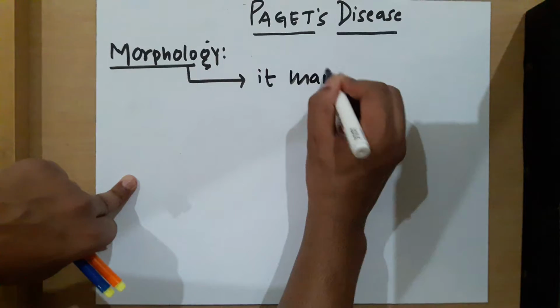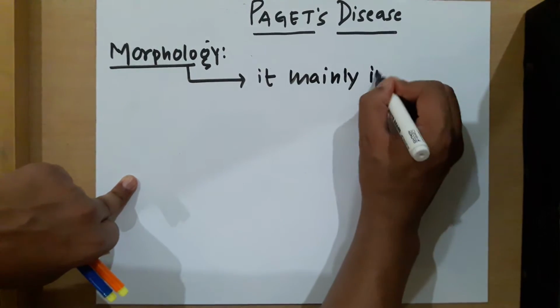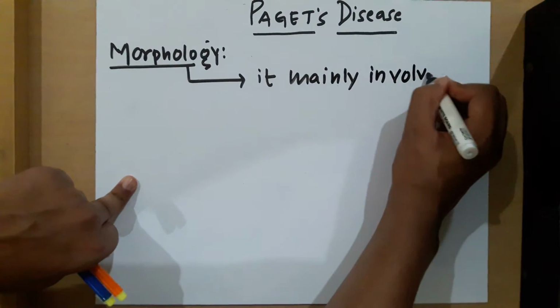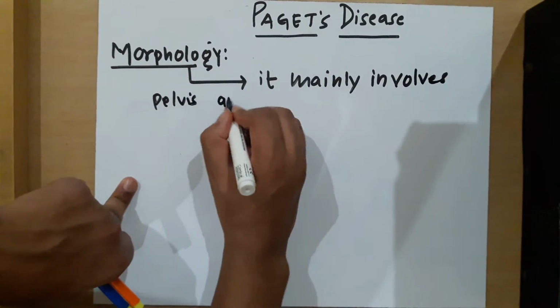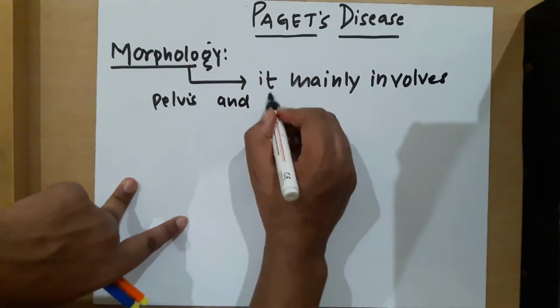Morphology mainly involves the pelvis and tibia, and we have three identified stages.